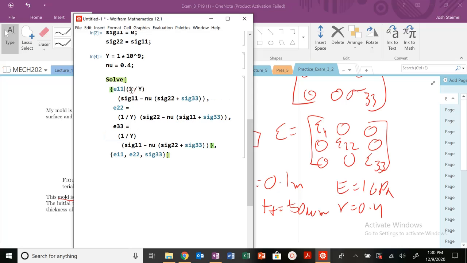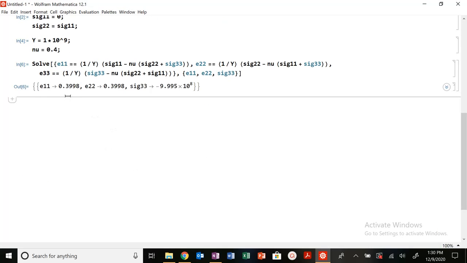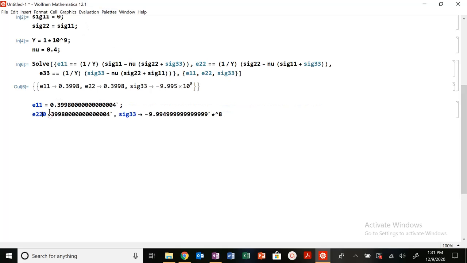Make sure this is a double equal, and this is also a double equal. Sigma 3,3 minus nu times sigma 1,1. All right, let's solve for those values, and this is what we get. Let's define these here and see if they make sense once we write them up.